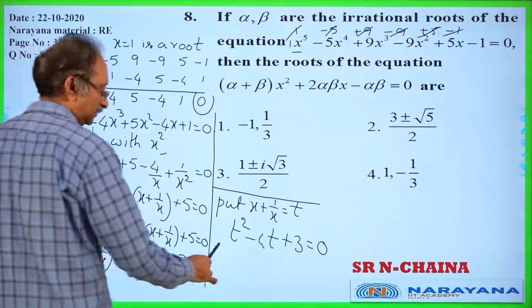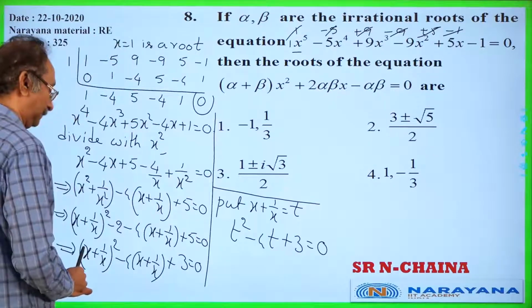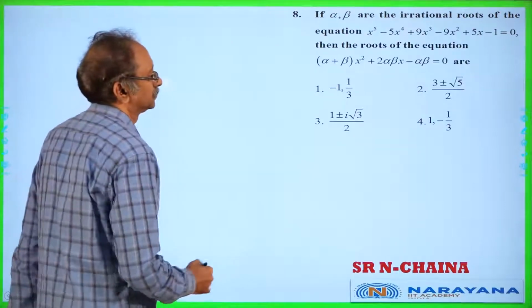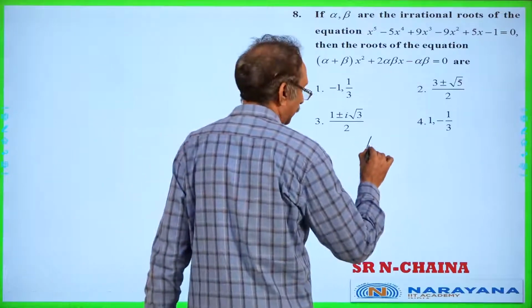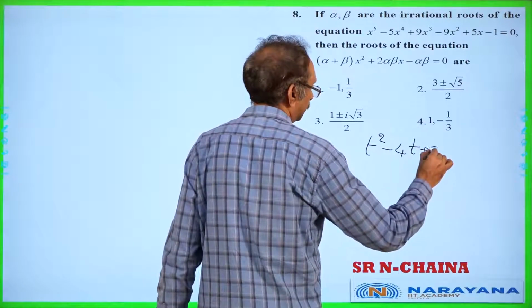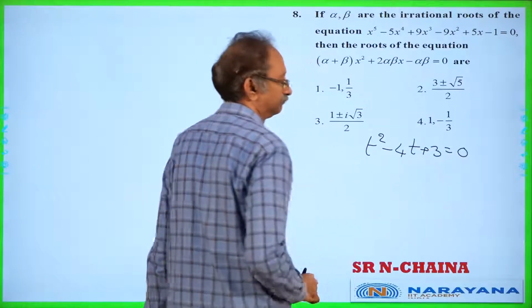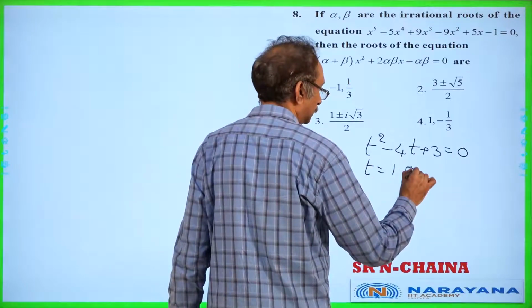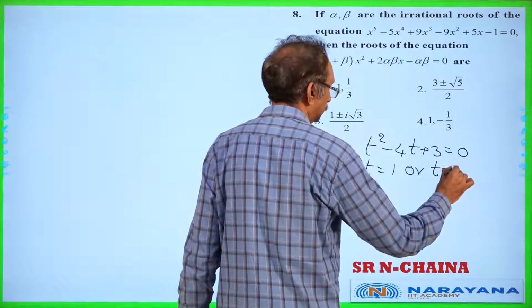So remember this equation, t square minus 4t plus 3 is equal to 0. And what is this? Either t is equal to 1 or t is equal to 3.